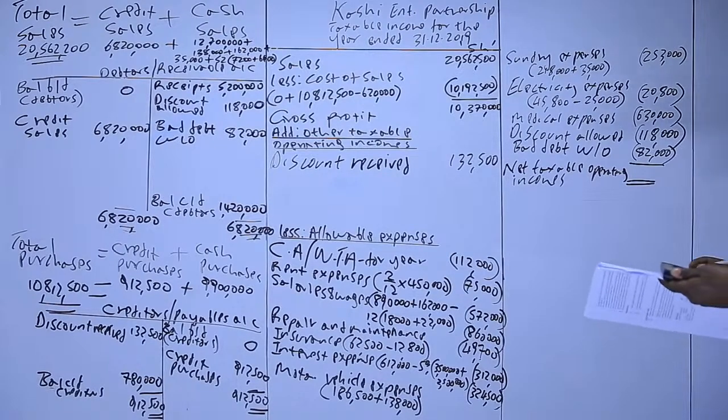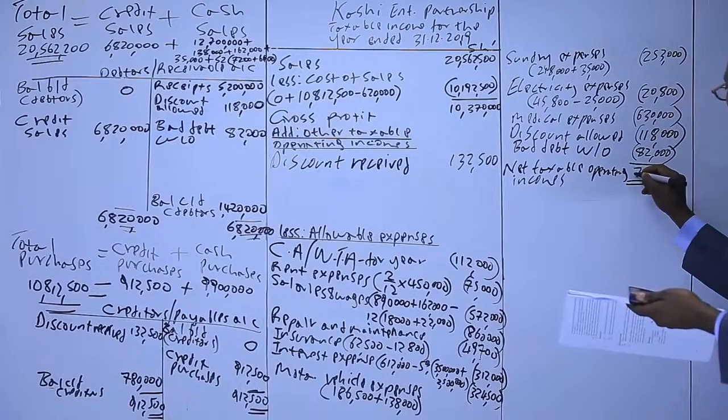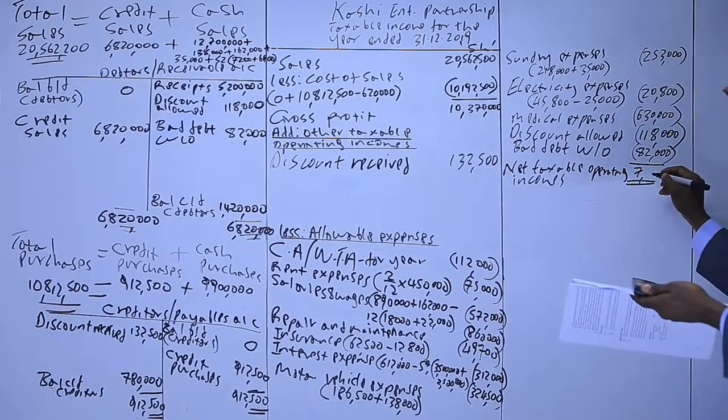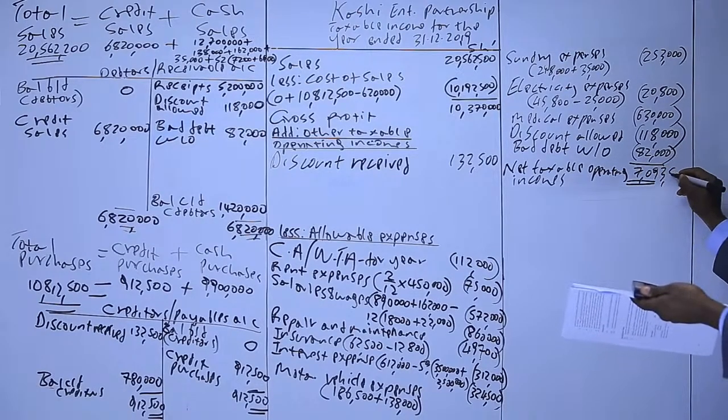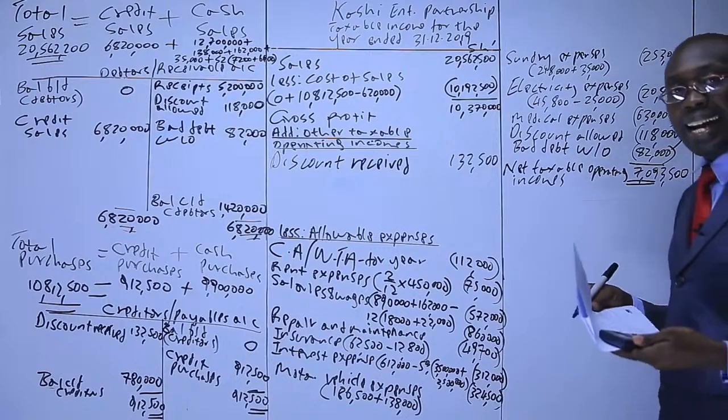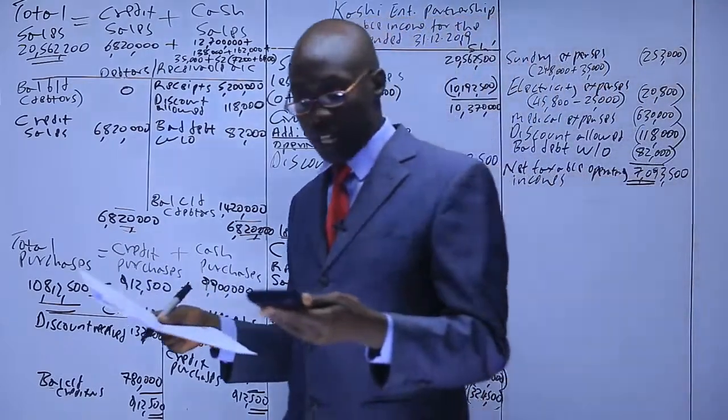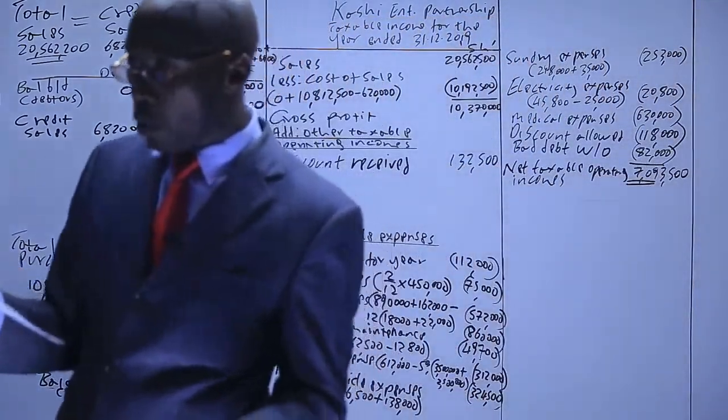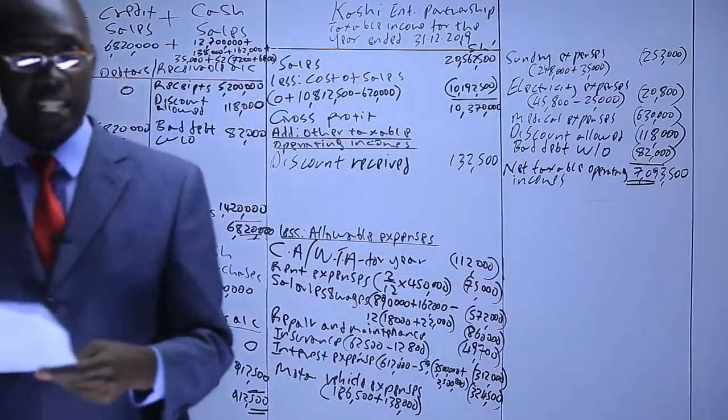That gives us 7,093,500. And that answers required 1, where we are supposed to get the taxable profit of the partnership.